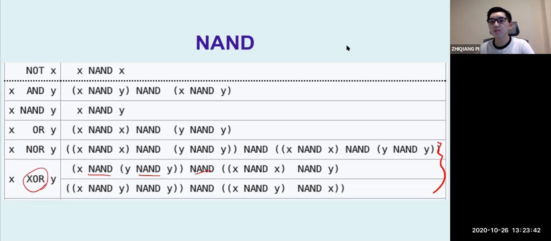Well, that kind of boils down to the physical implementations of these gates. So as we said before, efficiency is space efficiency, time efficiency, and complexity. And we've already talked about how having one kind of logical operator is a lot less complex than having all of these different operators, right?